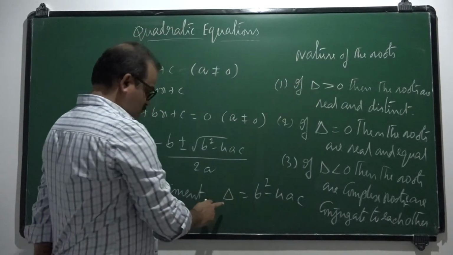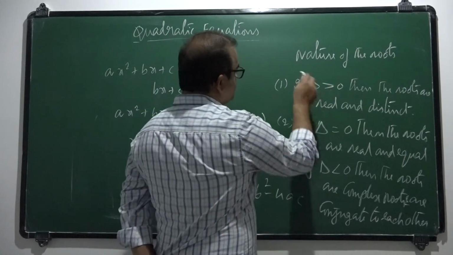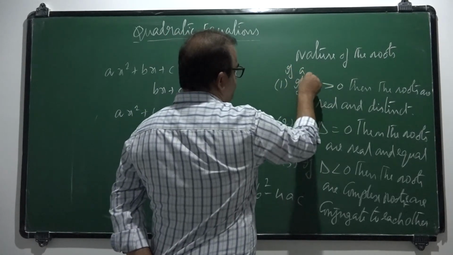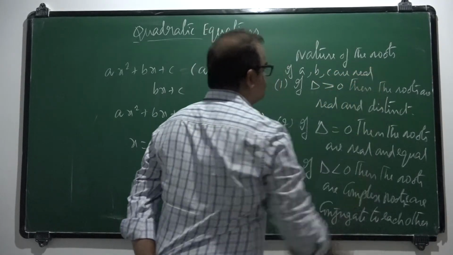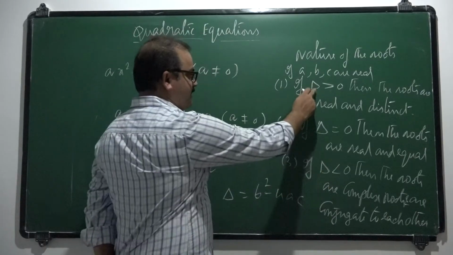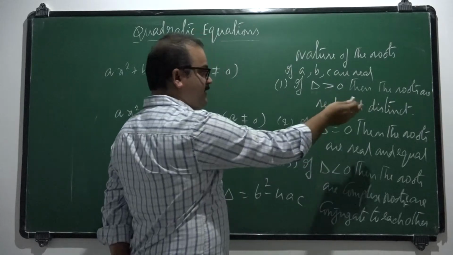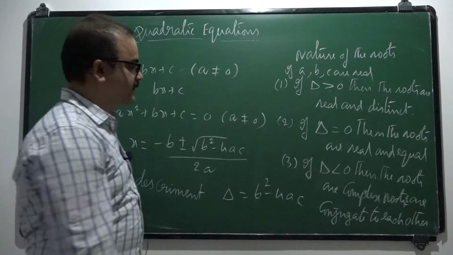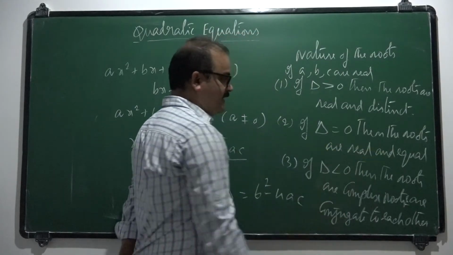If this discriminant value is positive, then the roots are real. This is applicable if the coefficients A, B, C are real. If the coefficients A, B, C are real and delta greater than 0, then the roots are real and different. If delta is equal to 0, then the roots are real and equal.